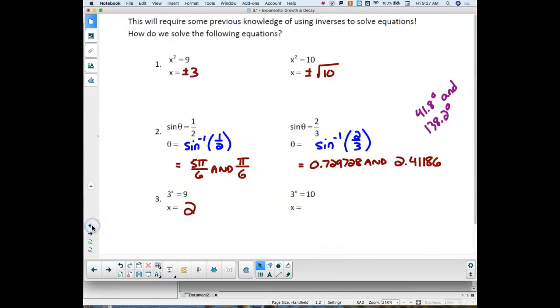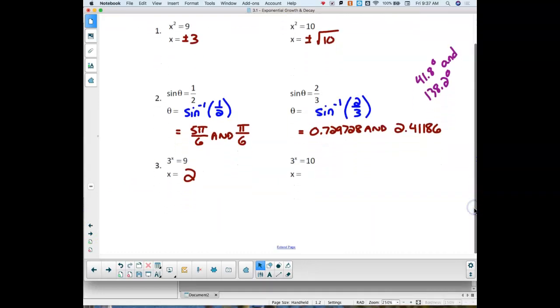Now, if I go back here to this problem, 3 to the x equals 10. Now, if I want to solve that one, what's that one going to solve into? Or what's x going to be equal to in this particular one? What would x be equal to? Gil?